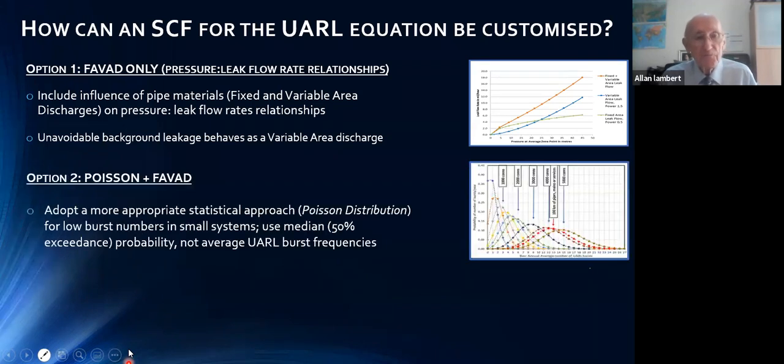The second option is taking into account size. And this is to use a probability distribution, which I remembered from many years ago in my engineering training, called the Poisson distribution.